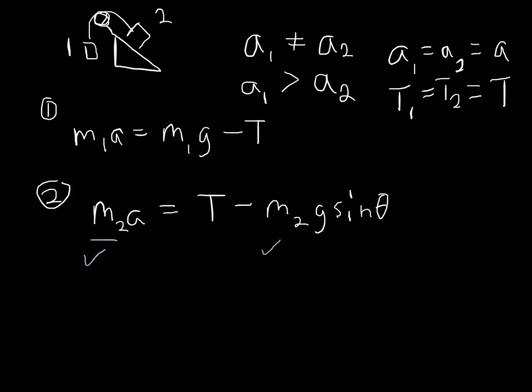Do we know what G is? Yep. Do we know sine of theta? Yep. How about the first equation? Do we know M1? Yep. A? Well, we know A is the same in both of these. G? Yep. Tension? Still need to find what tension is.